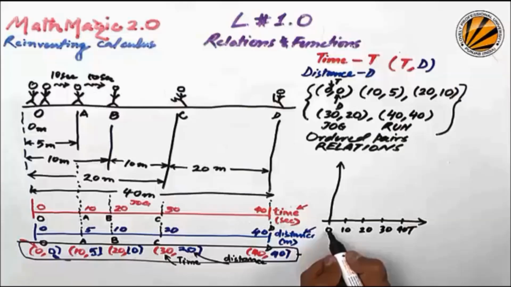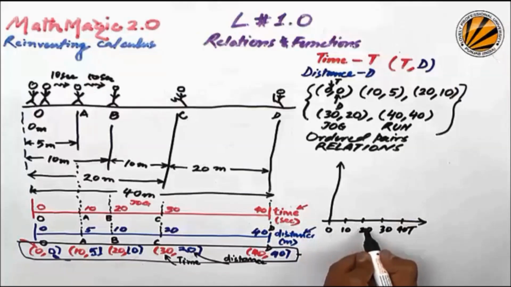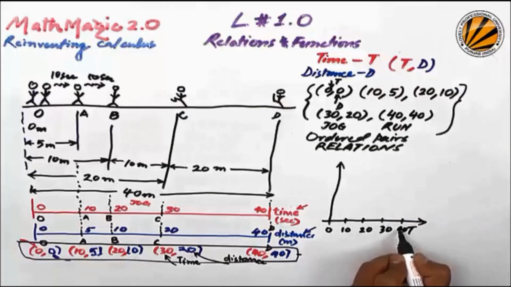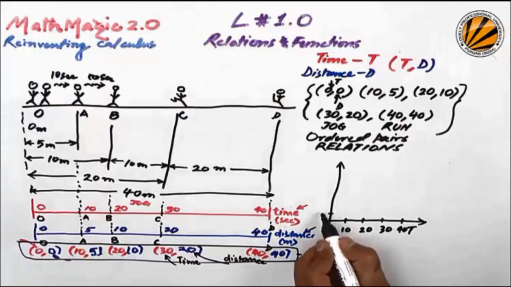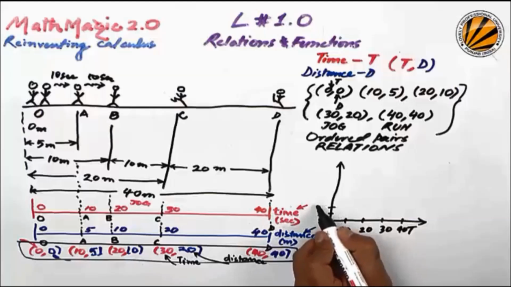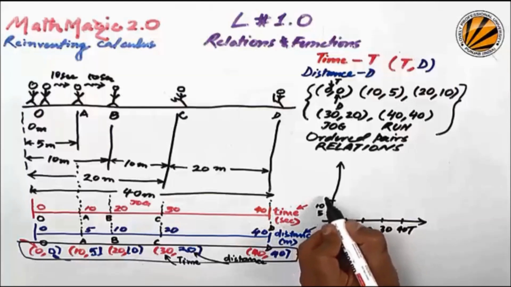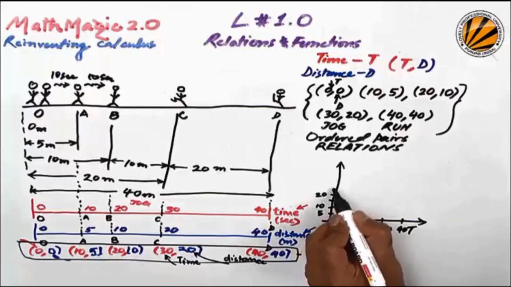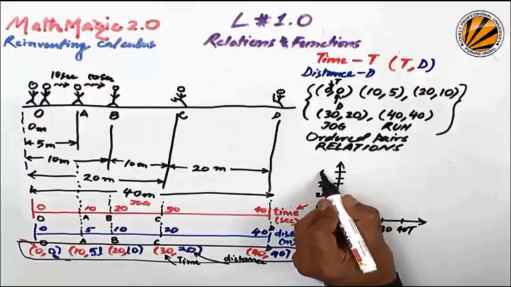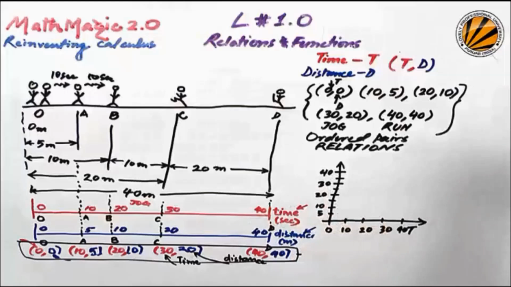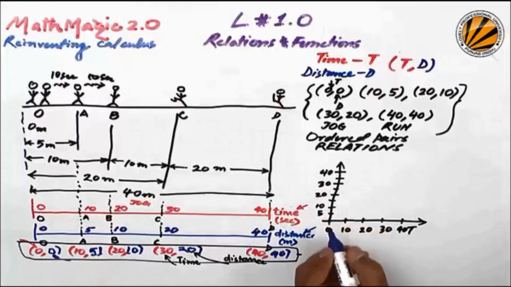Let there be the distance, maybe 5 meters, 10 meters, then 15 and 20, 25, 30, 35 and then 40 meters. Let us actually start looking at what happened.